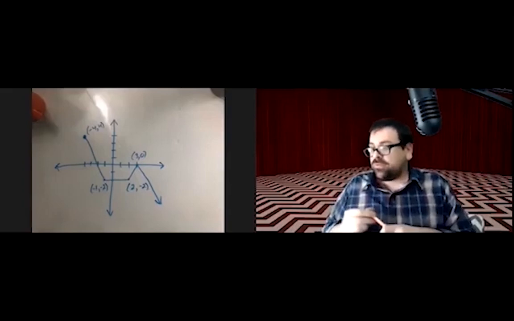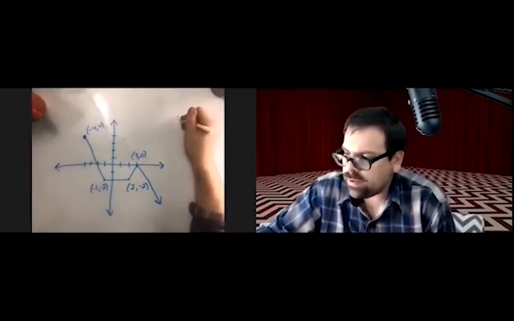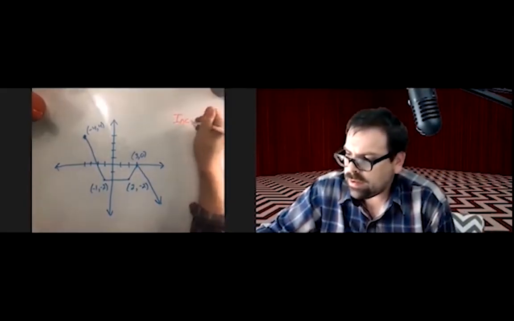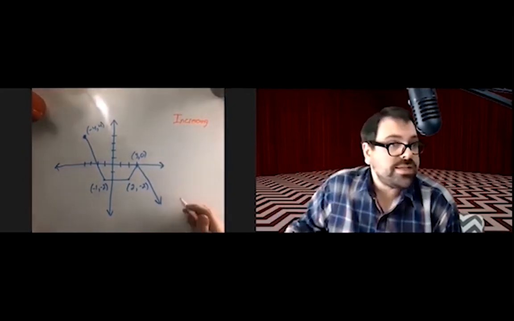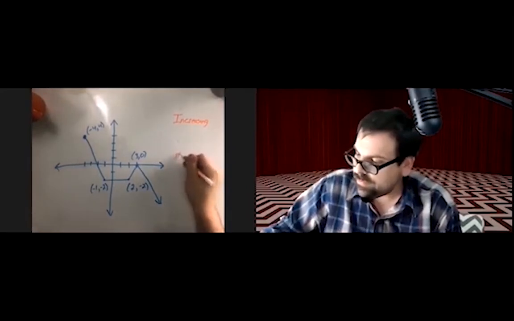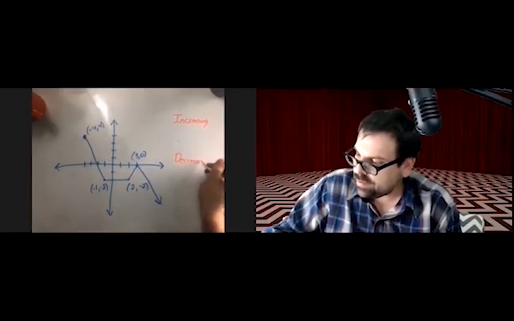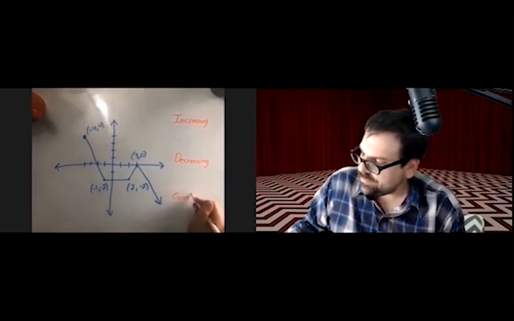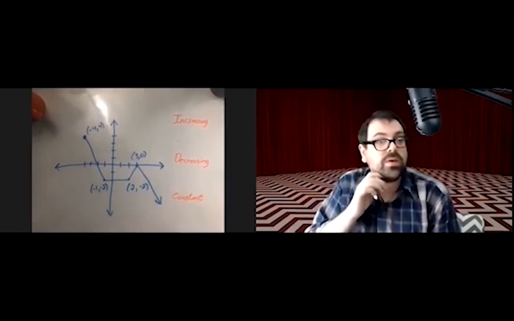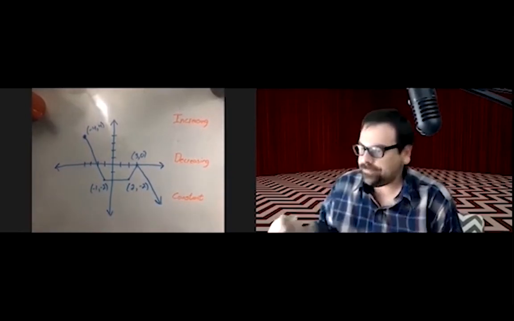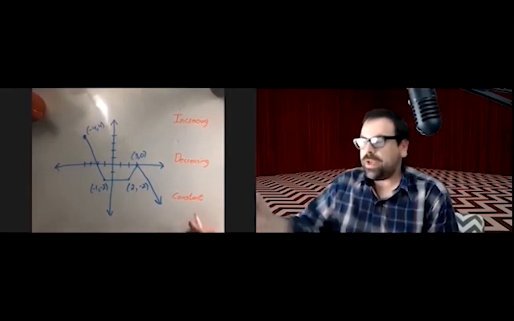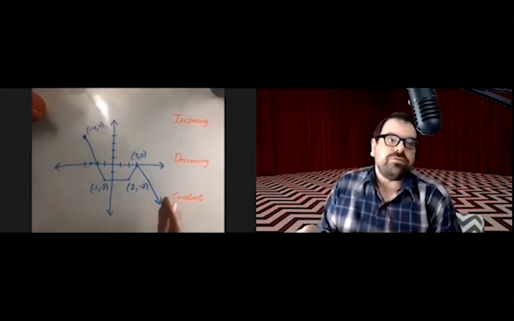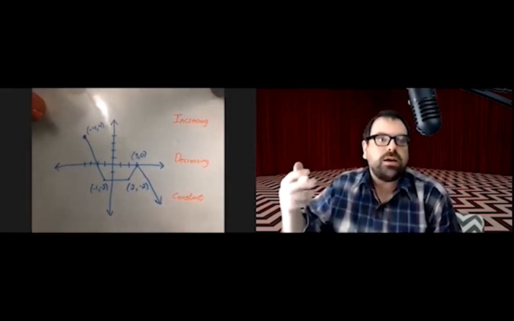We want to find the intervals where this is increasing, where it is decreasing, and where it is constant. So increasing, as we go from left to right, where does it go up?